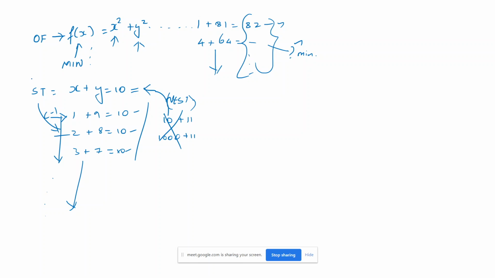Say, for example, this is the example I am taking for the Lagrangian method. What Lagrangian is telling is, he forms an augmented function. First step, you need to take an augmented function.